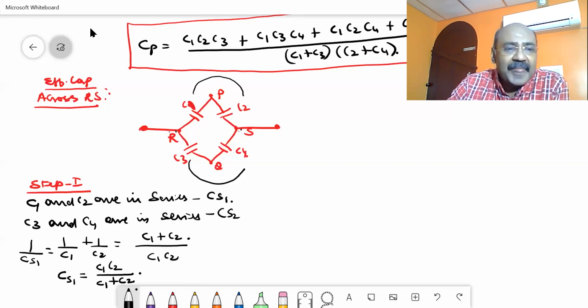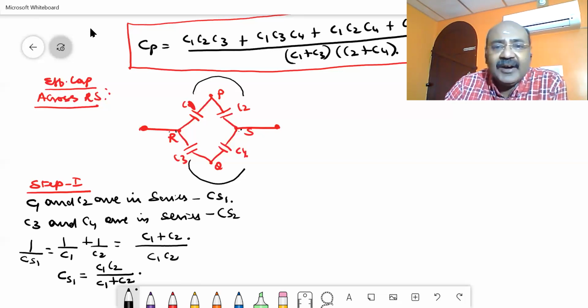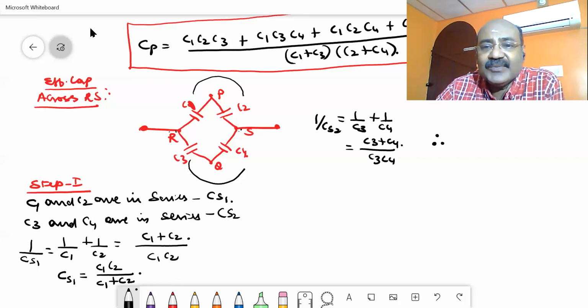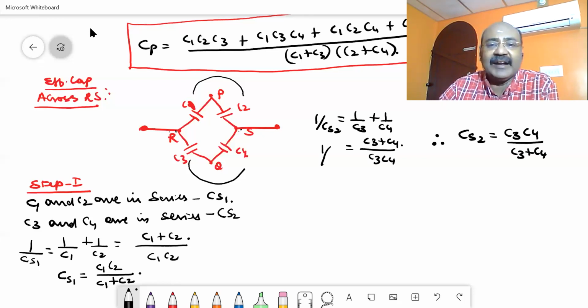Similarly for C3 and C4, 1 divided by CS2 is 1 by C3 plus 1 by C4, taking C3 C4 as LCM, which gives C3 plus C4. Therefore, CS2 is C3 into C4 divided by C3 plus C4, taking the reciprocal.